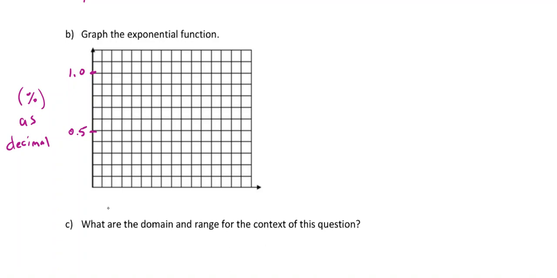And then on the bottom, we're going to have number of filters, or number of times through filter. Okay. So then this could be like 1, 2, 3, 4. I'll go to 5.